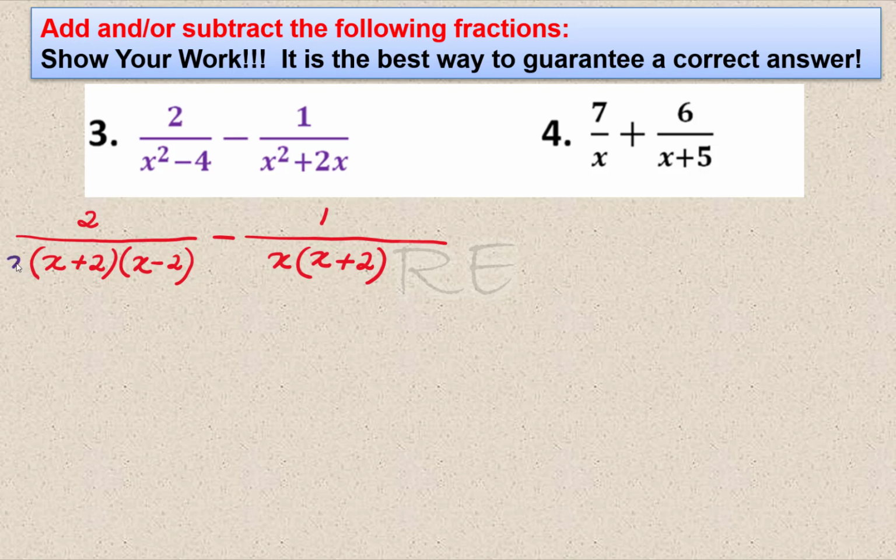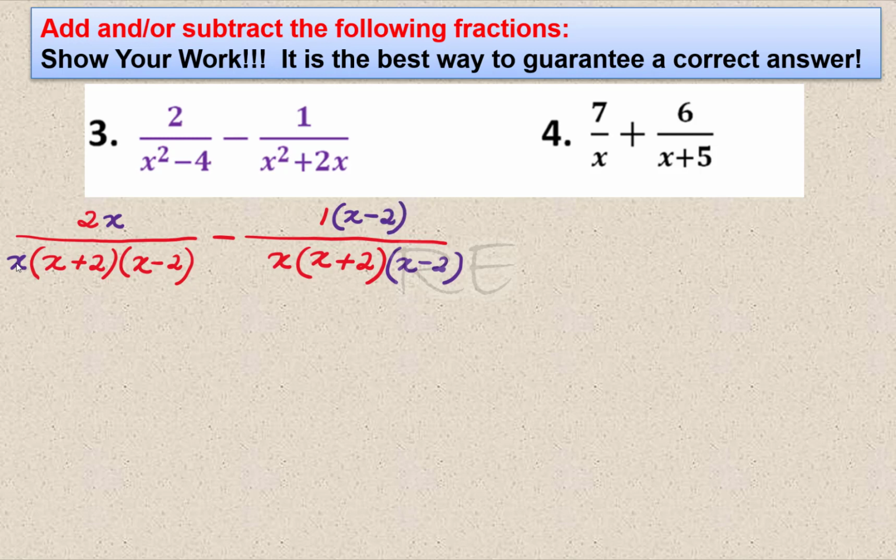Now, for the first one, x is missing. So we multiply by x over x. So the numerator becomes 2x. And the second one, x minus 2 is missing. So we're going to multiply the numerator by x minus 2.